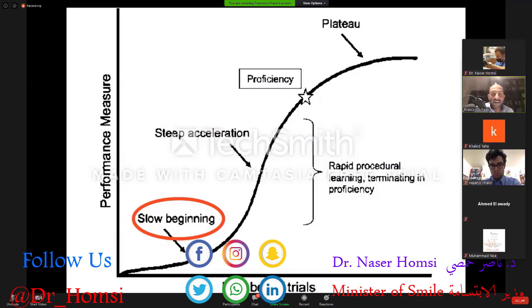The segmental arch technique has for sure a problem, the long learning curve, because at the beginning it is quite hard to start with segmental arch technique cases, and the beginning is very slow. It is necessary to refresh, to brush up, sometimes to study some basic biomechanics, but then there is a steep acceleration, results arrive very fast, and then we go to proficiency and then a plateau, and at that point we are able to do segmental arch technique cases.